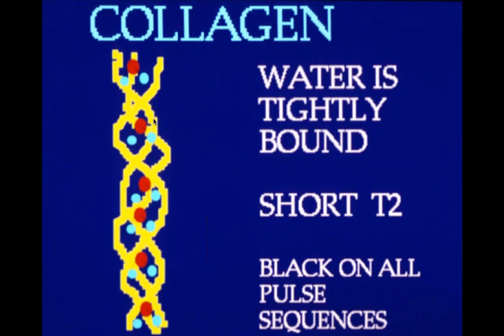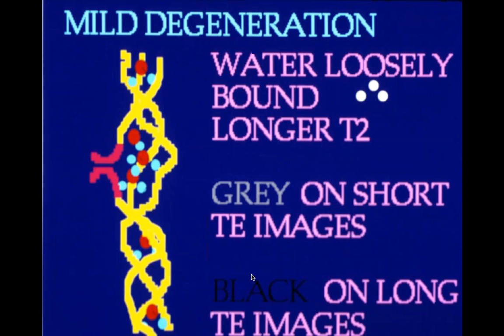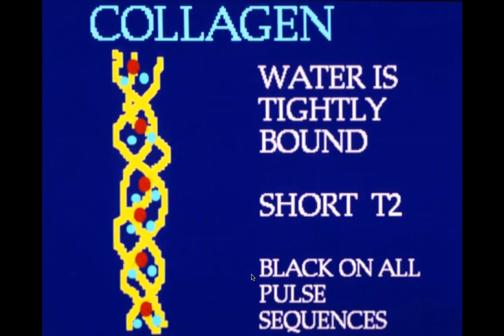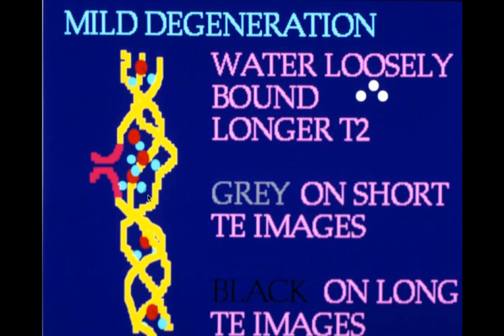If you go to really ultra short TEs, or UTE sequences, you can pick up signal from this bound water, but not with our traditional sequences. It should be dark on all pulse sequences because it has a very short T2 time. And in the physics lecture, we'll talk about why bound water molecules have a short T2. That'll be in a later lecture.